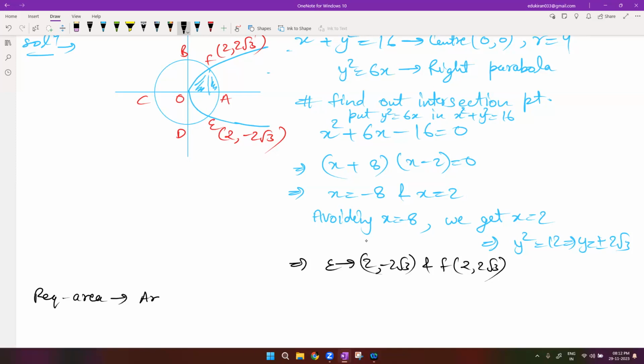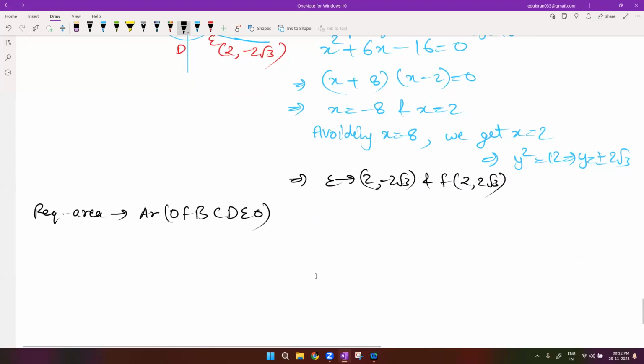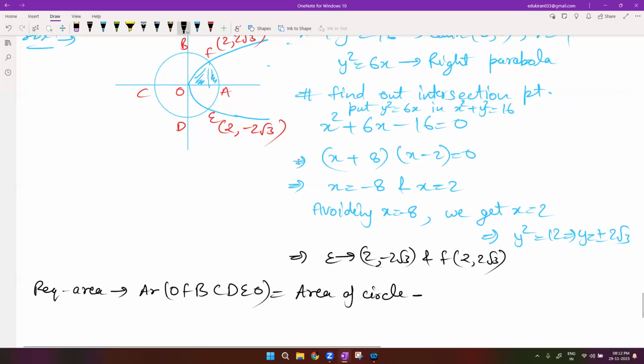Required area is area O, F, B, C, D, E, O. Now this required area can be found as area of whole circle minus area of OAFO, minus area of this first portion and the second portion OAEO, right?